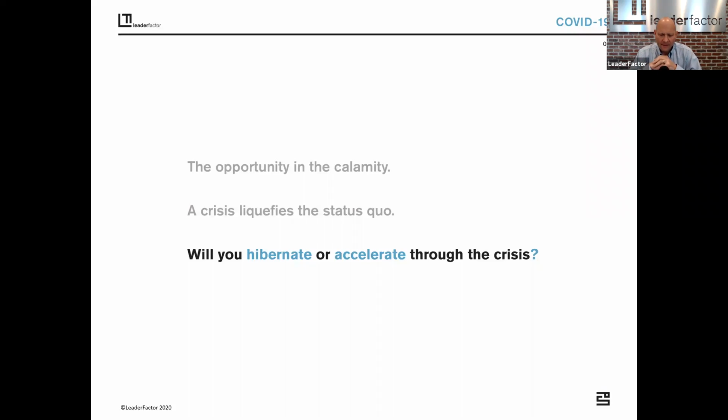We know based on the research for large-scale organizational change that a crisis has a very special quality. It has the ability to liquefy the status quo. Now, what do I mean by that? I mean, it has the ability to turn the status quo into a fluid form.